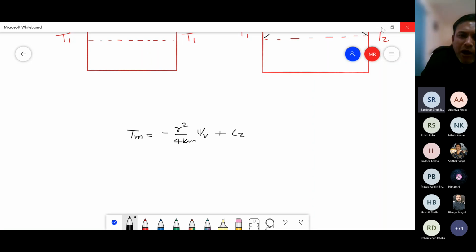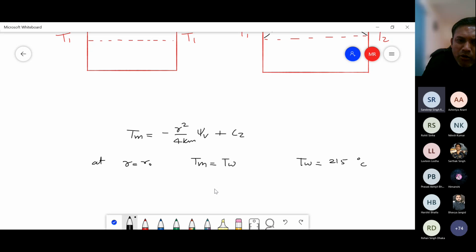And now the new boundary condition for the given problem is at r equals r naught. What we are going to get is Tm will be equal to Tw, isn't it? And Tw we have already calculated as 215 degrees Celsius, correct?